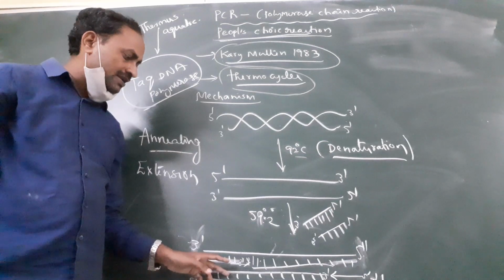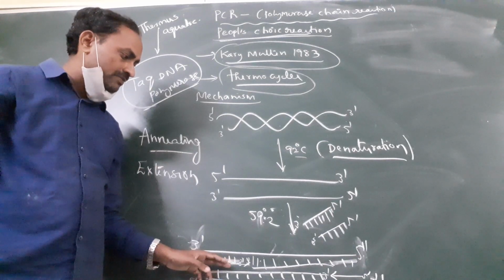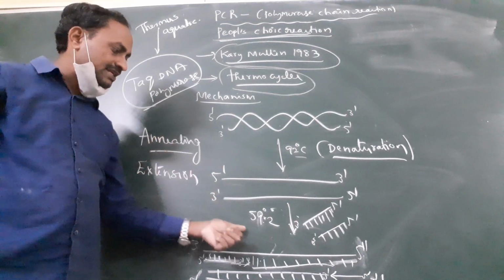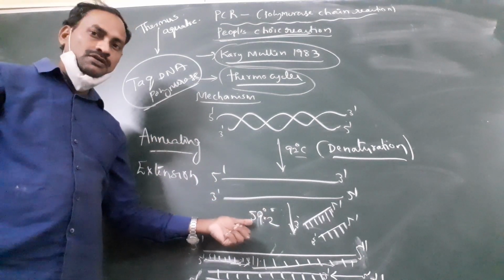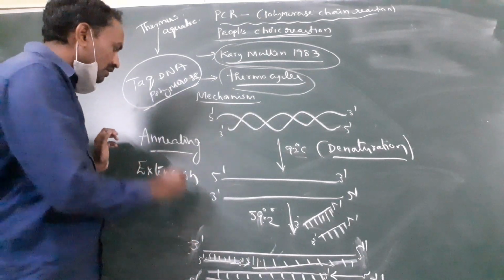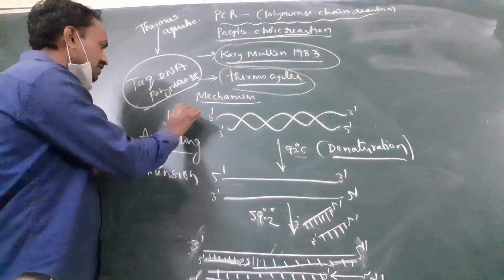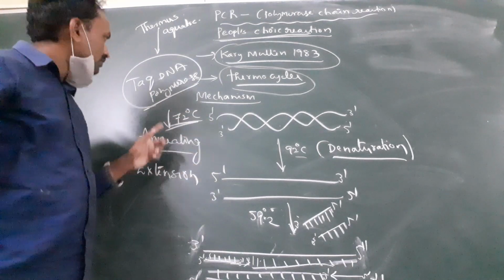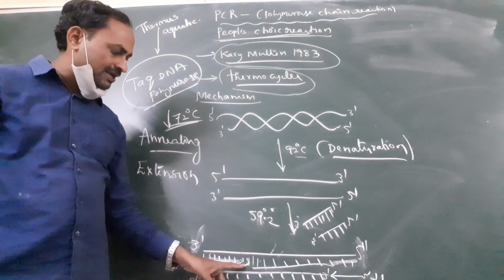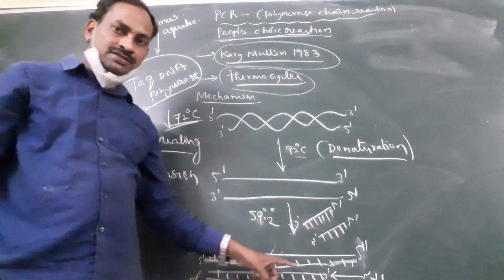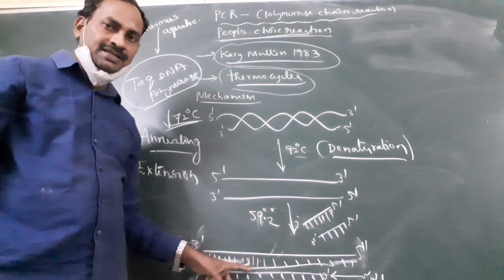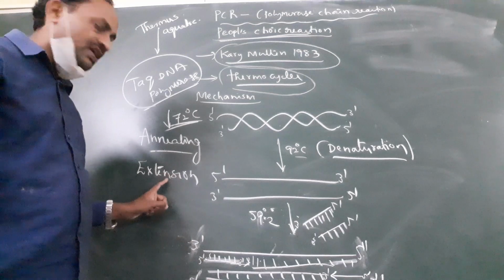The binding of DNA primers is called annealing. In annealing, the temperature is 59.2 degrees centigrade. After that, at 72 degrees centigrade, this Taq DNA polymerase extends the 3' end of the primers so that it synthesizes the strand complementary to the target DNA strand. This step is called extension.